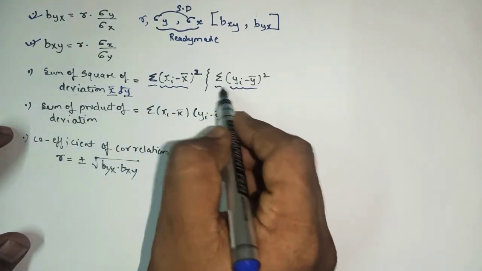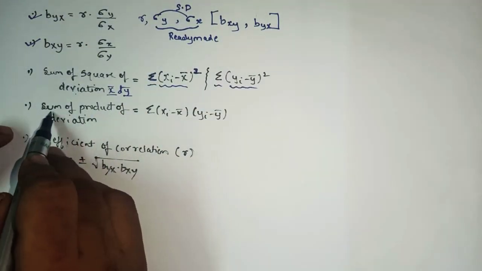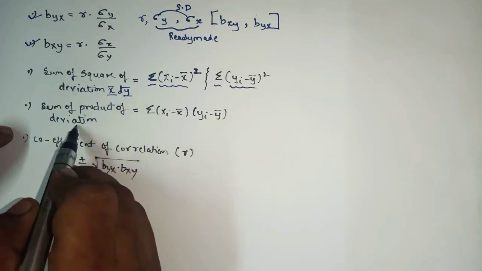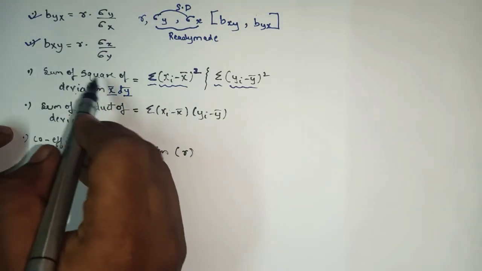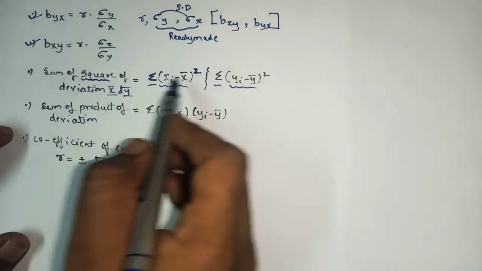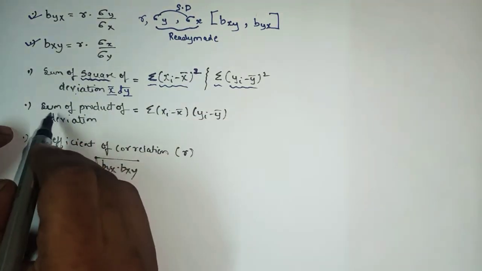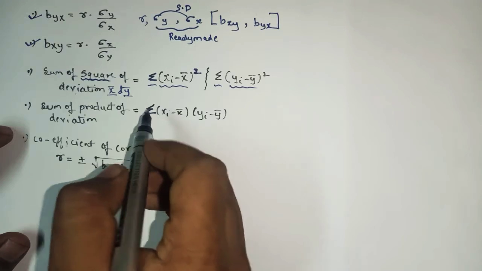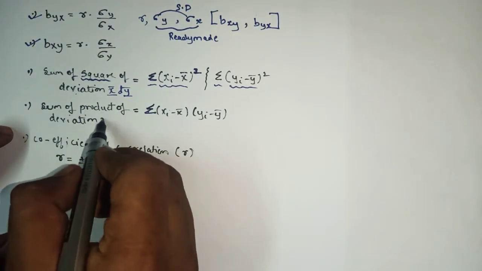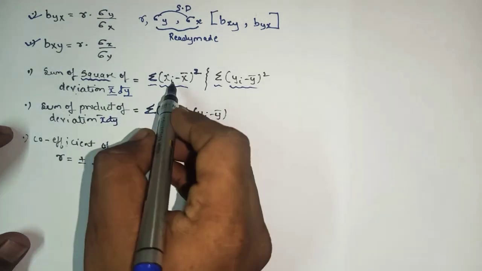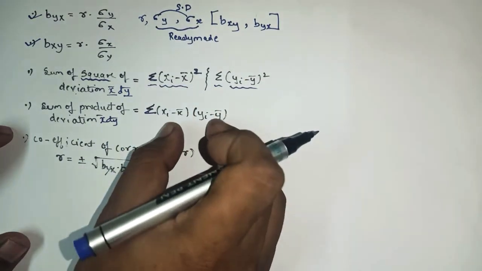And sum means the sigma. Remember this. When it says the sum of the product of the deviation, if they use the word square, the square will come. Here sum means the total of the product of the deviation of both x mean and y mean. So here you will simply multiply these two parts.